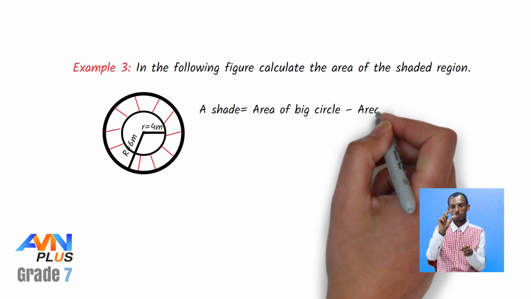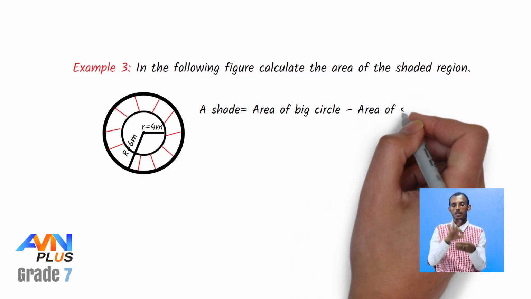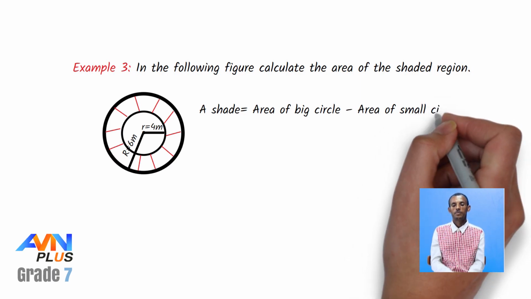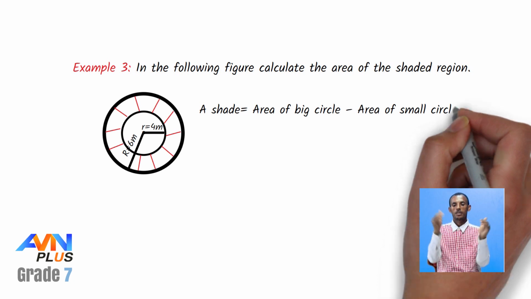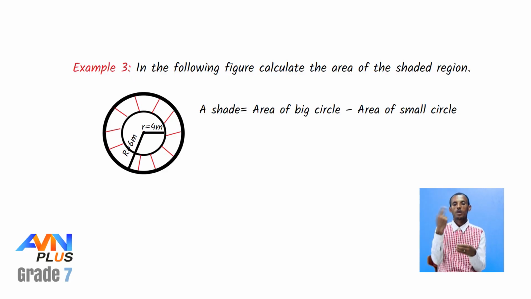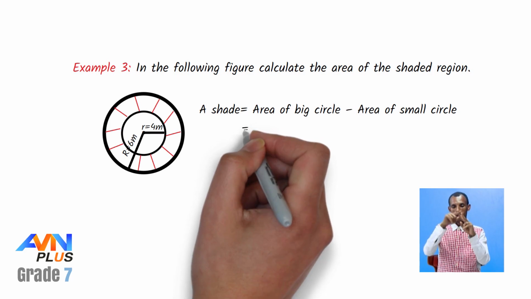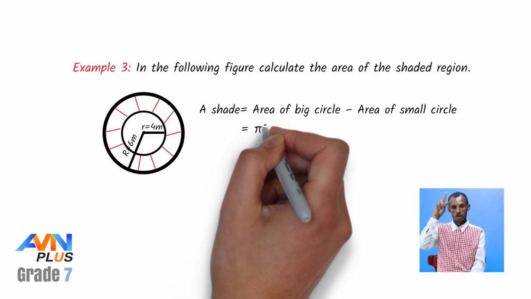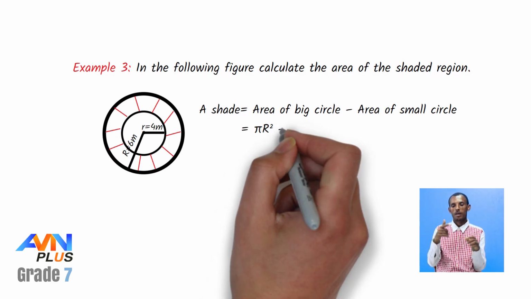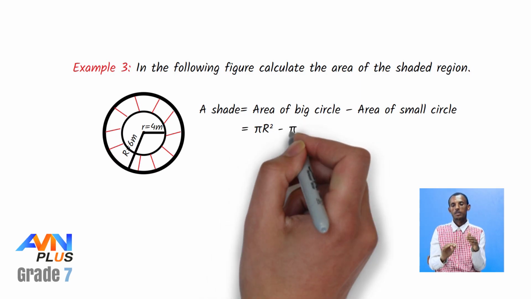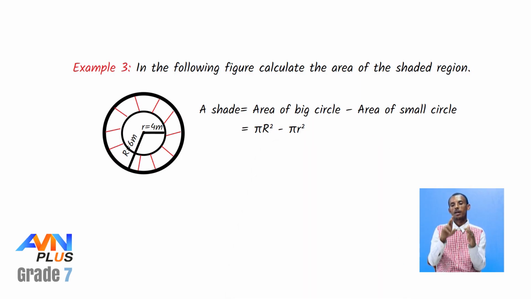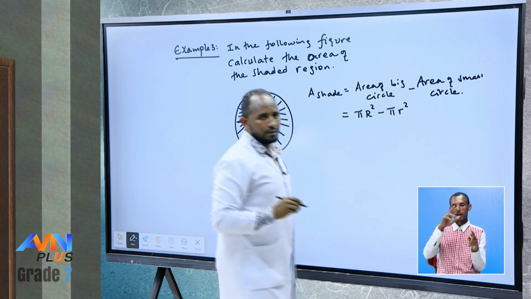We can use the equation pi times radius squared. We use capital R for the radius of the big circle, pi R squared, minus the area of the small circle, pi r squared, with a small letter r.